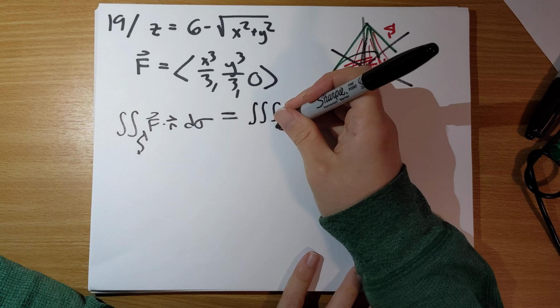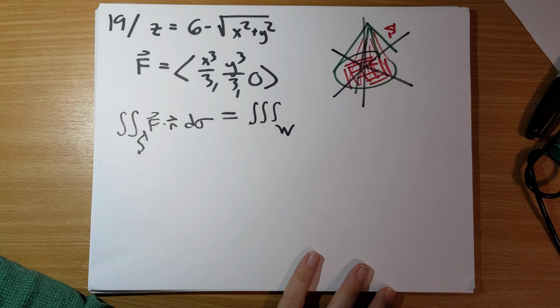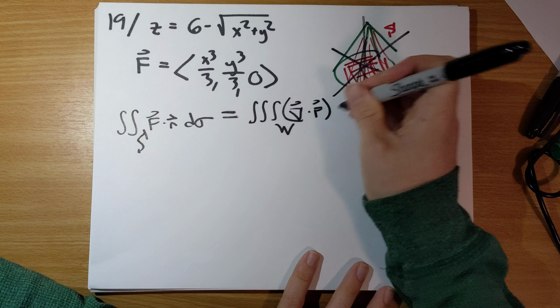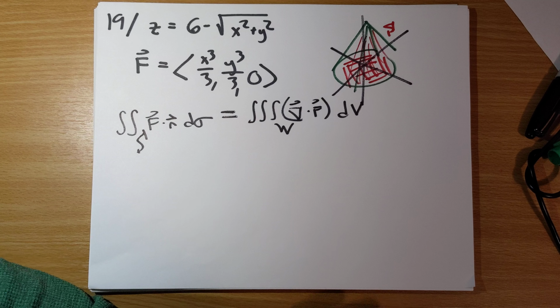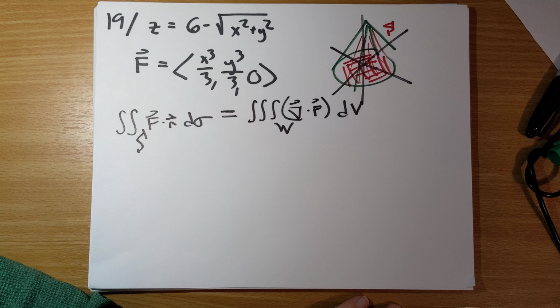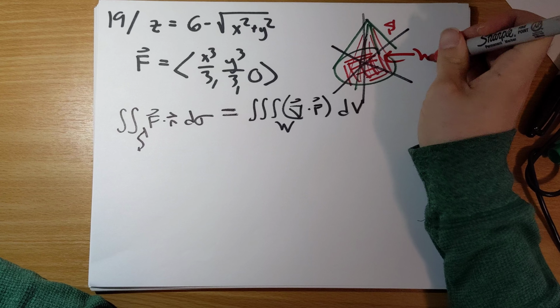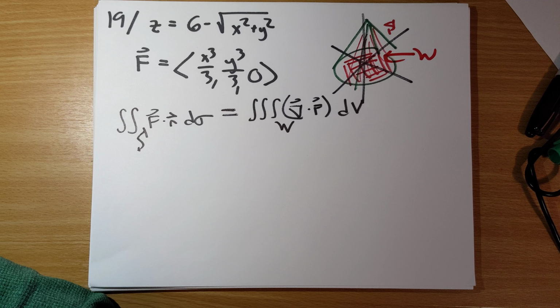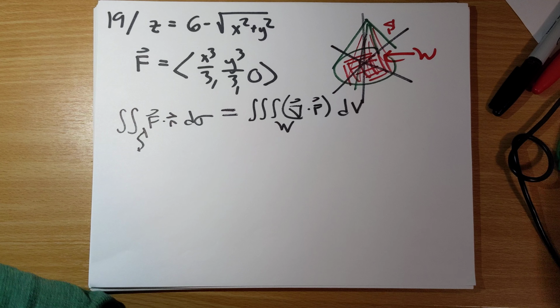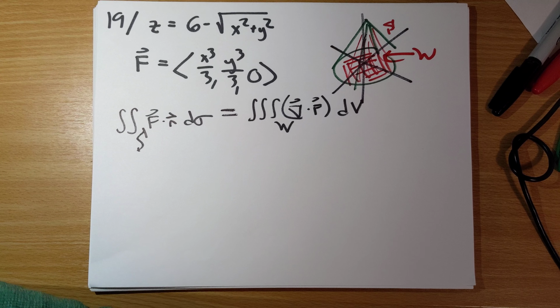So fortunately, what the divergence theorem tells us is that we can instead compute this triple integral here, the triple integral of the divergence of f over the region W, where W is the region inside of our cone.